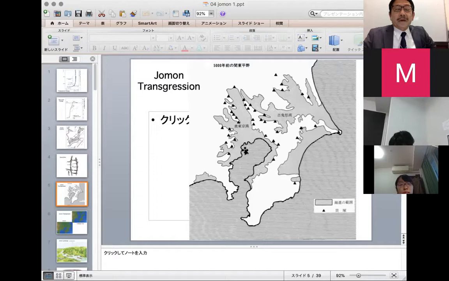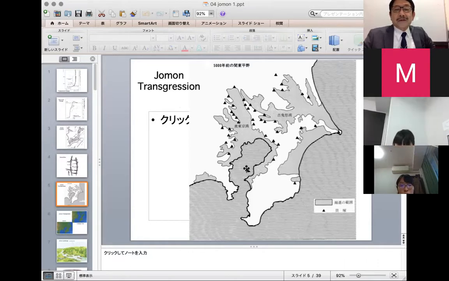It's not like mountains right behind the ocean or something like that. You don't see that. You have very low land that generally goes up towards the mountain area. It's a vast, gentle slope area. In other parts of Japan, you see a lot of cliffs and mountains coming close to the ocean. So you don't see this in other areas.